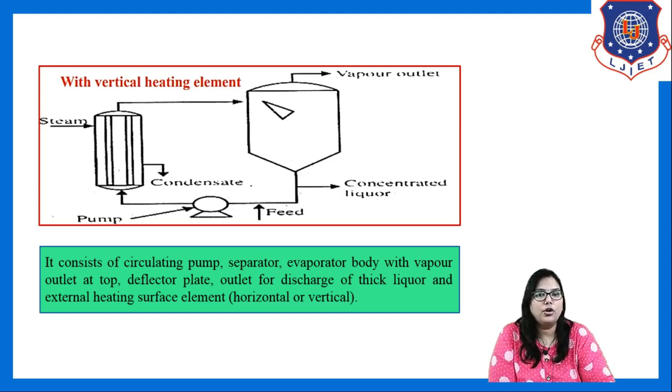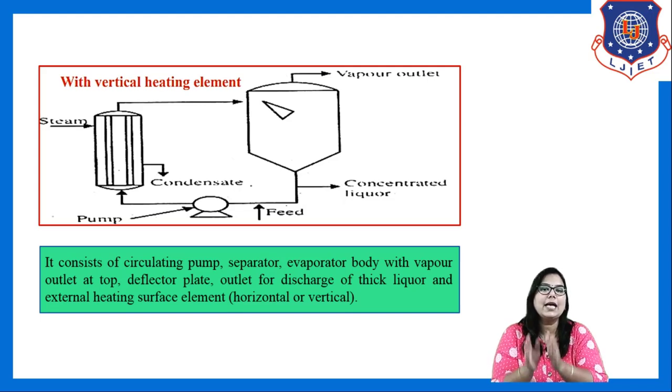It consists of a circulating pump, separator, evaporator body with vapor outlet at top, deflector plate, outlet for discharge of the thick liquid, and external heating surface element, either horizontal or vertical. These are the main parts of forced circulation evaporator.